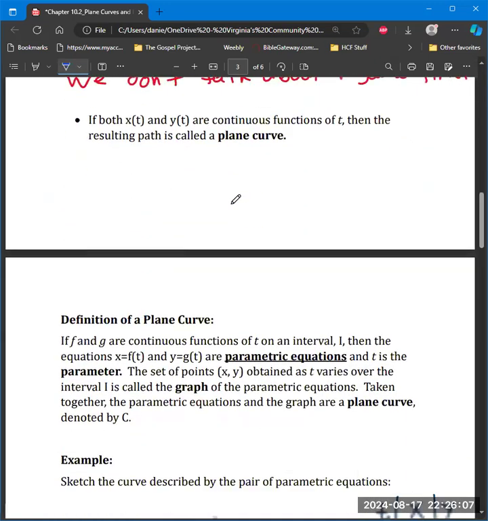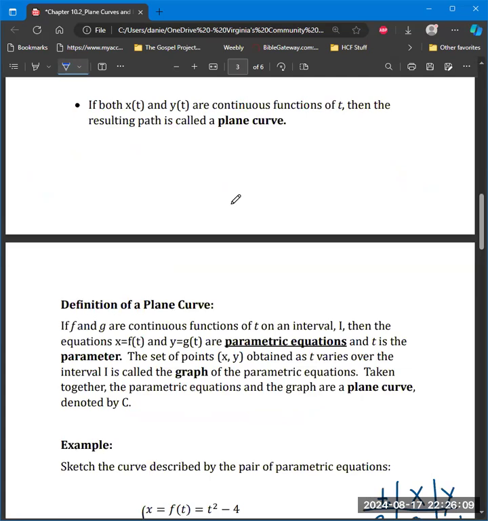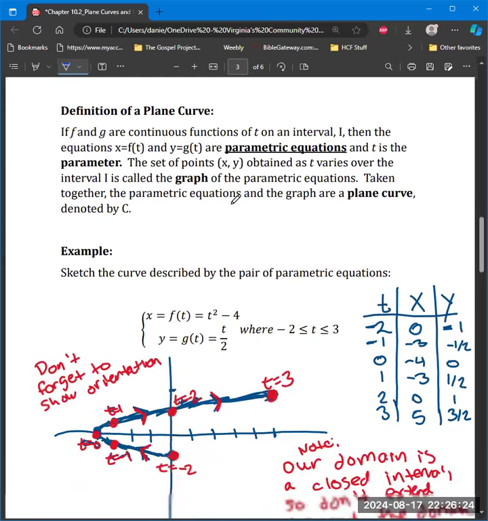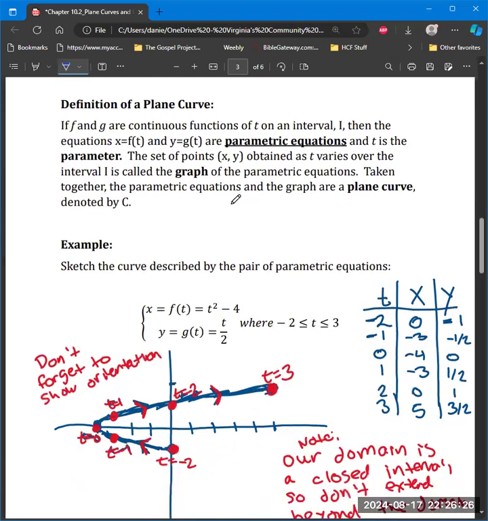All right. Let's see, if both x of t and y of t are continuous functions of t, then the resulting path is called a plane curve. So formal definition of a plane curve from the textbook: if f and g are continuous functions of t on the interval I, then the equations x equals f of t and y equals g of t are parametric equations, and t is the parameter.